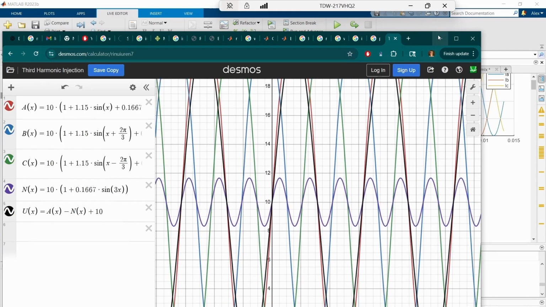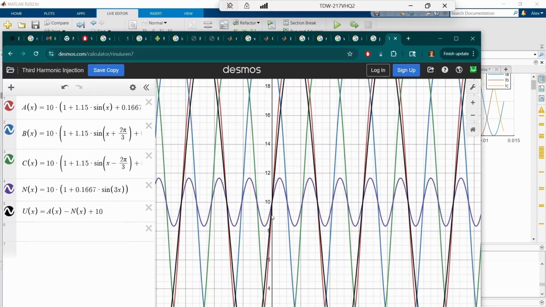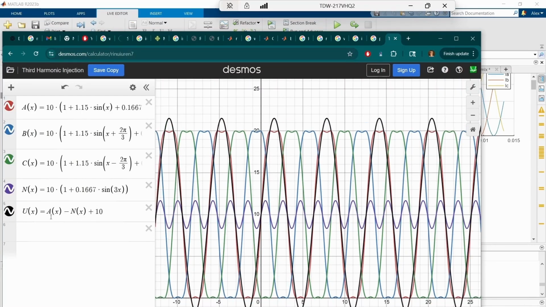So if you know the voltage at the phase, which is the pole voltage, and you know the voltage at the neutral node, then we can just take the voltage here, subtract the voltage here, and we have the voltage across the phase, right? So this equation is the pole voltage, and then we're subtracting the neutral node voltage, and then we get this phase voltage.